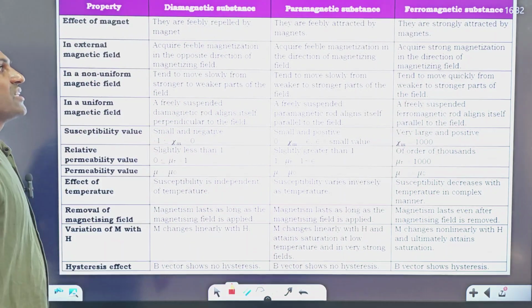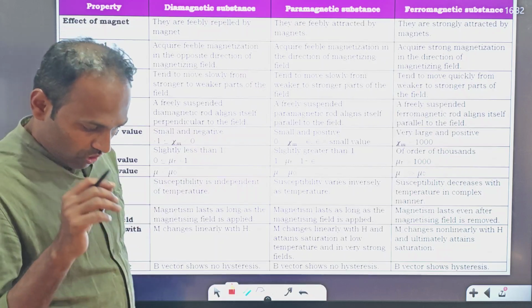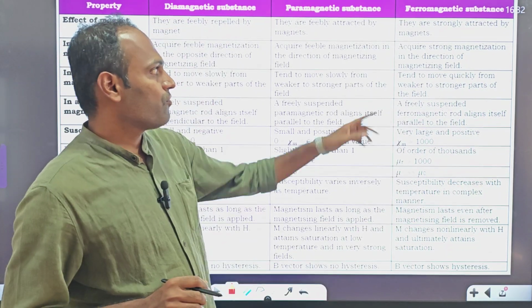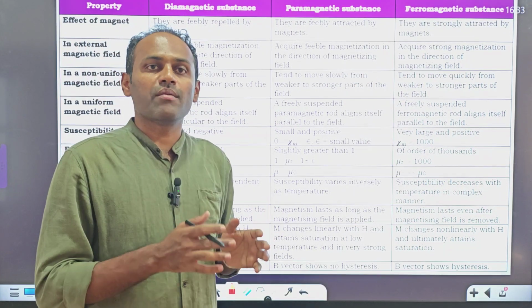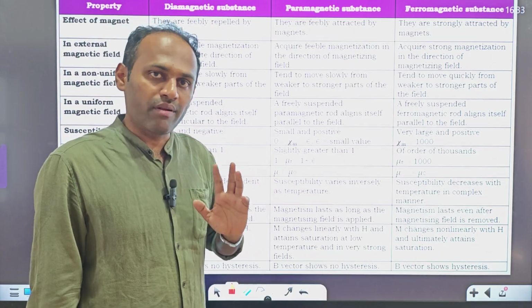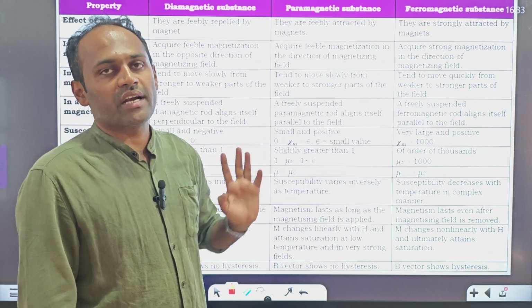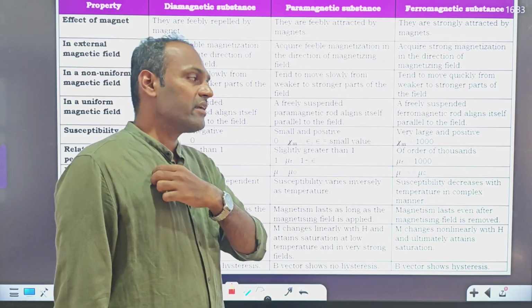So we'll go on differentiating these 3 magnetic materials. First I will tell you, strongest magnetic material is ferromagnetic. Universal magnetic property is diamagnetic. That property will be present for all things. And the strongest magnetic material is the ferromagnetic material, right?